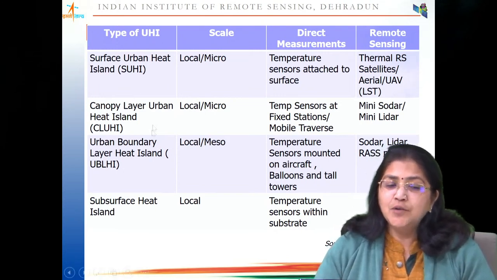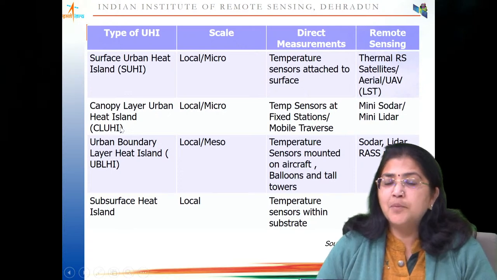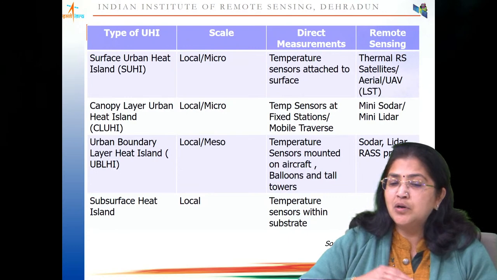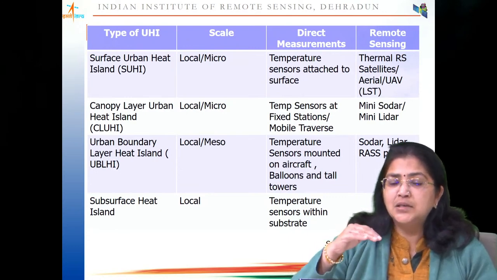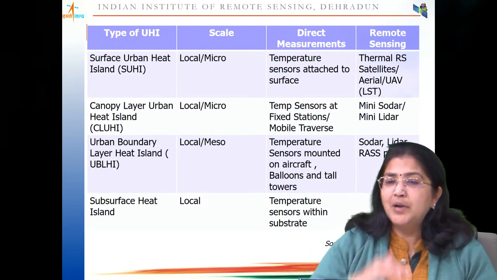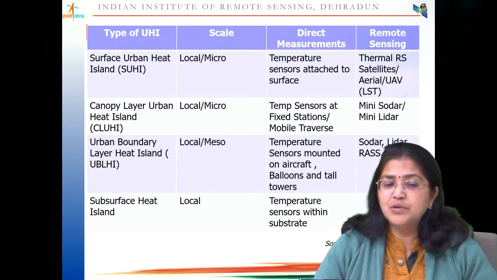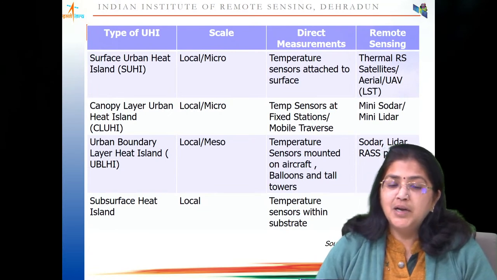Now, second is the canopy layer urban heat island. Urban canopy is the area between the ground and the highest roughness element. So basically the area between the buildings comes under the canopy layer urban heat island.